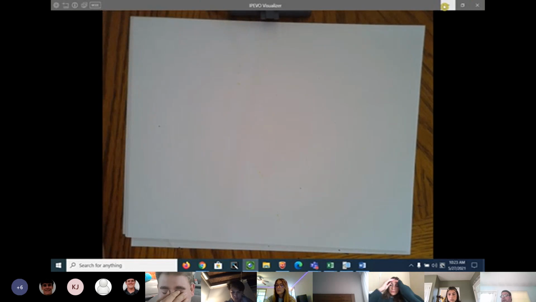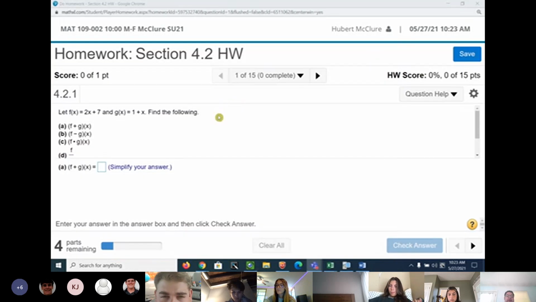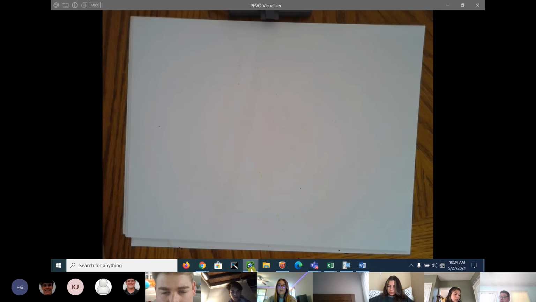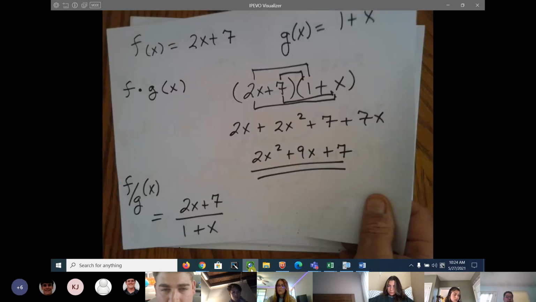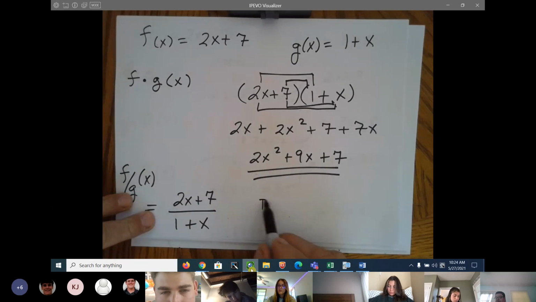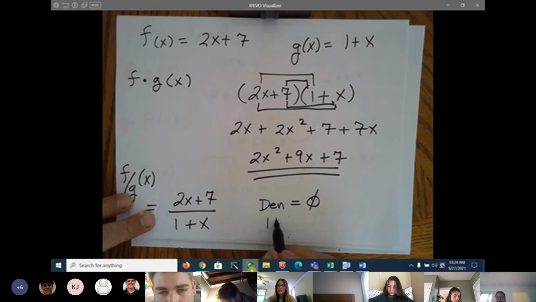I just want to show you the different type of questions you'll see on a test. This is a test question: the domain of f divided by g. Okay, what was f divided by g? f divided by g is right here. So you can't have 0 in the denominator, so you've got to set the denominator equal to what? 0. So 1 plus x is equal to 0.